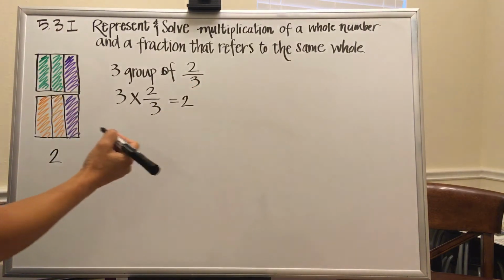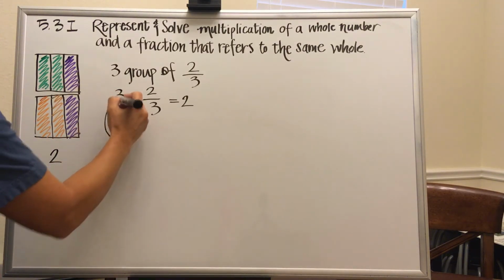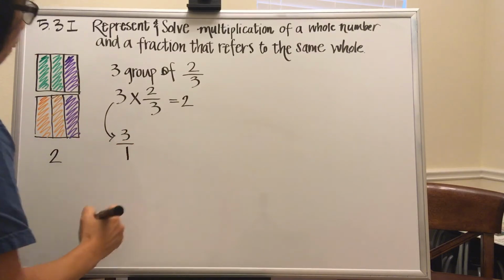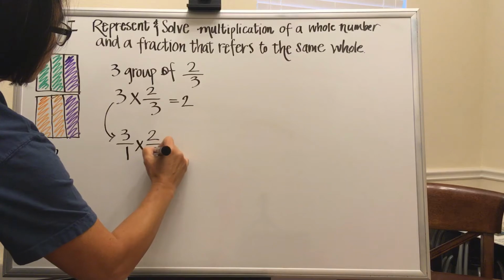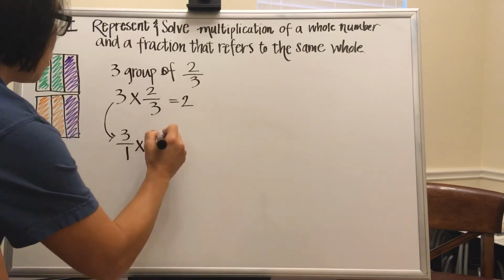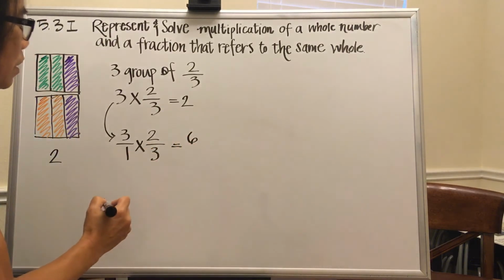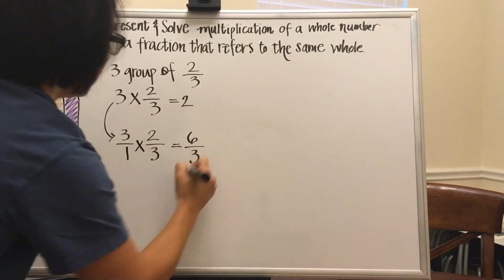Now, I'm also going to go back and represent this in fraction form. So writing this in fraction form is 3 over 1. I'm going to multiply 2/3. And numerator multiplied by numerator is 6. Denominator multiplied by denominator is 3.